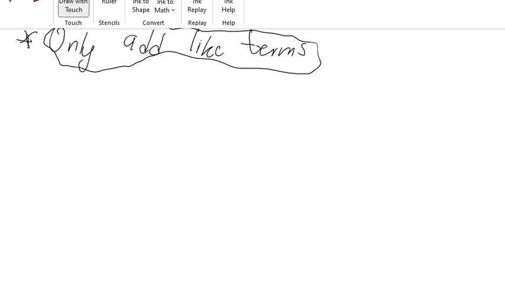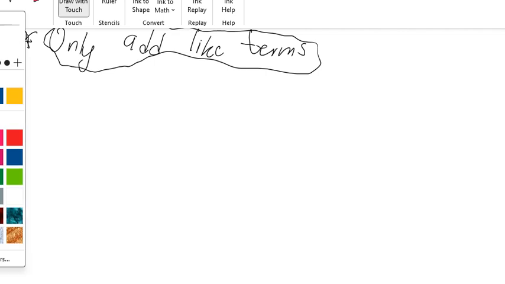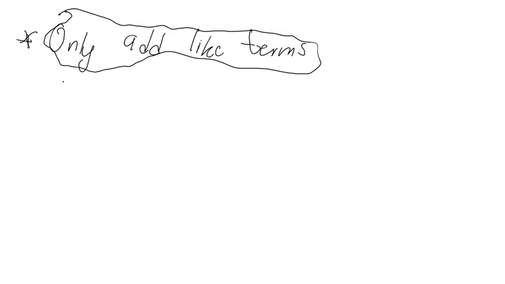Now what are like terms? Like terms have the same variable going with the same exponent. Or you can say like terms have same variables going with same exponents. So if you have x squared y, maybe 2x squared y is a like term to 4y x squared.